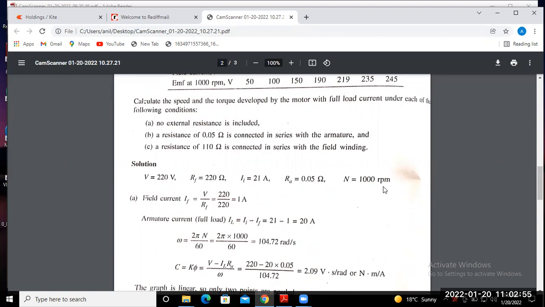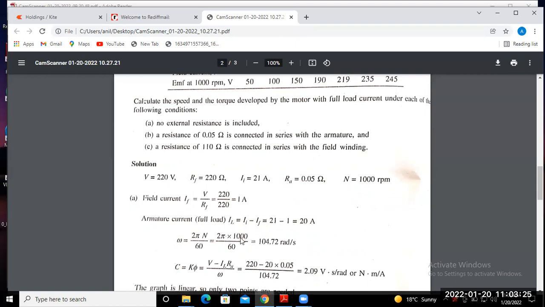As the speed is given in revolutions per minute, we want to convert it into radian per second. The relation of angular velocity and revolutions per minute is 2 pi n divided by 60. So to convert revolutions per minute, you just multiply by 2 pi by 60. Put the value of n, that is 1000 rpm, and convert it into radian per second.